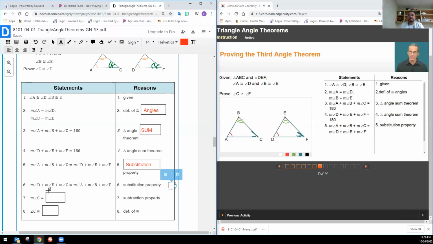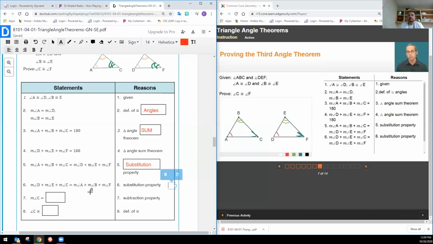So again, on step 5, on the left side, I'll replace the measure of angle B with the measure of angle E. And this gives me, using substitution, that the measure of angle D plus the measure of angle E plus the measure of angle C is equal to the measure of angle D plus the measure of angle E plus the measure of angle F.